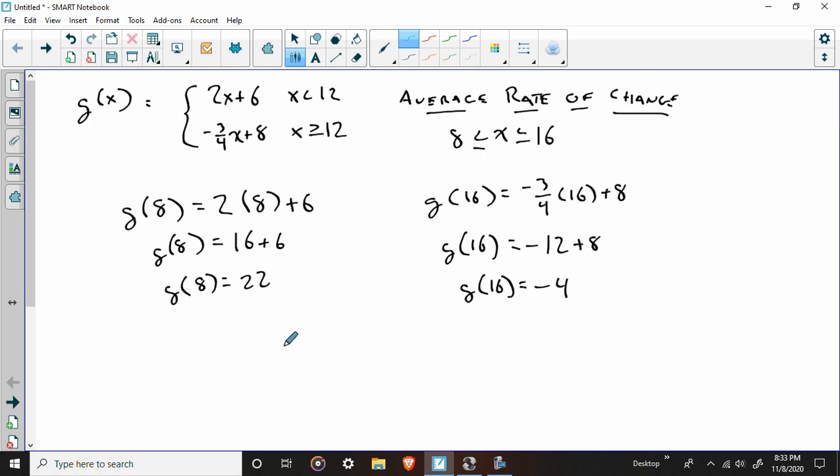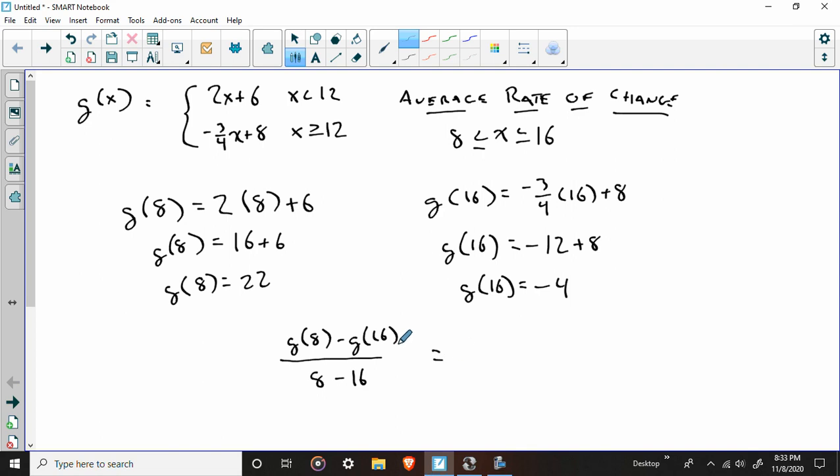So what are we going to do to find the rate of change? We're going to say g of 8 minus g of 16, okay, over 8 minus 16, okay? In other words, you're changing your y values, which are now your g of x values, over your change in x values, which they gave you here, okay?